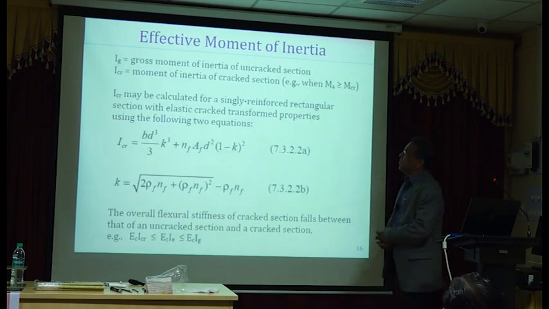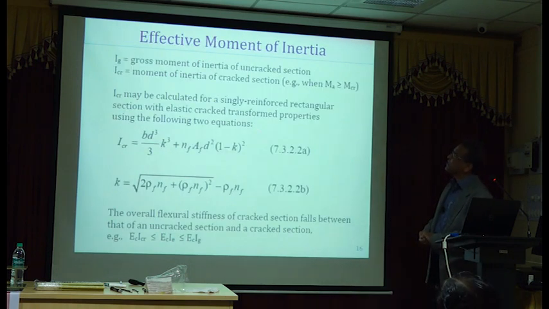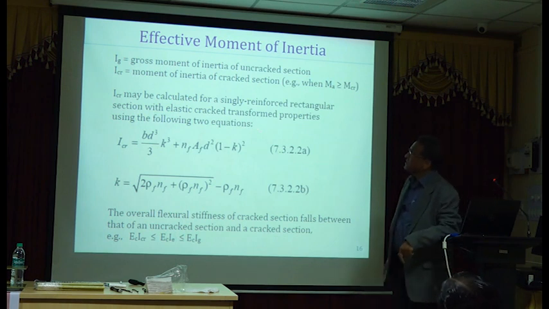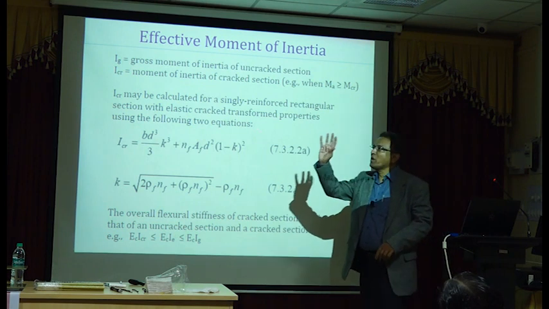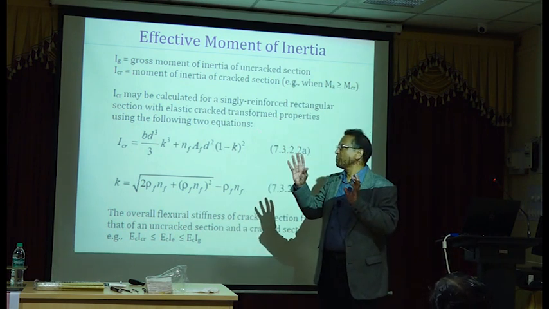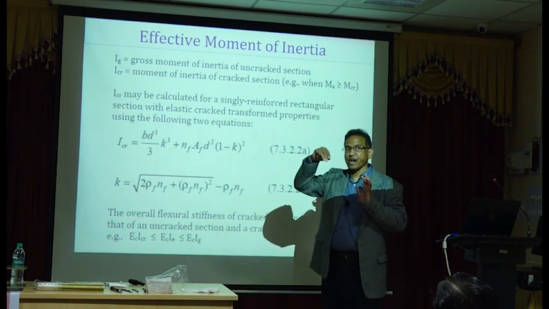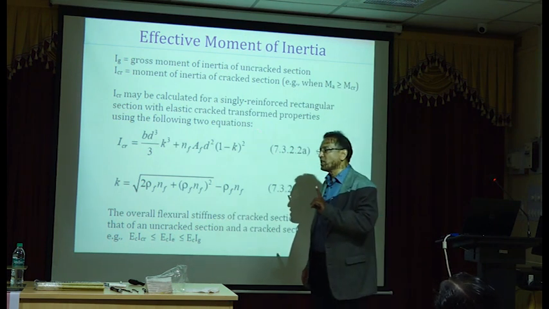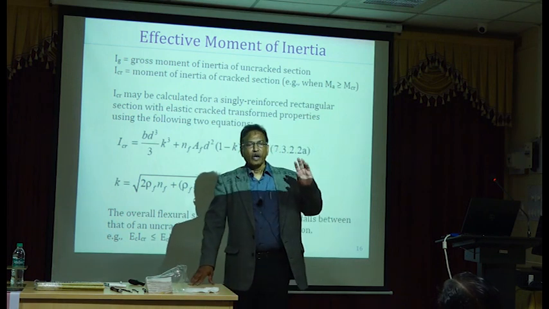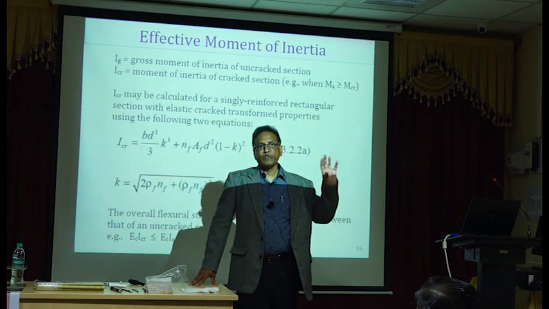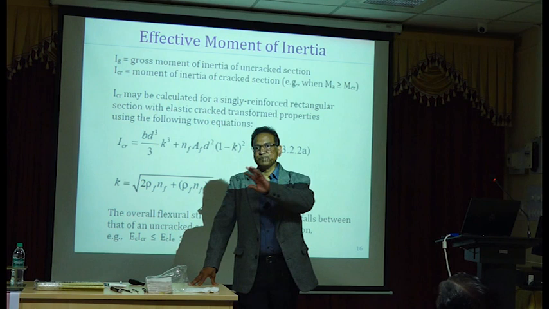So we'll use what's known as the effective moment of inertia in our calculations. So our moment of inertia of the beam would be under service load condition. This is one thing you must remember. Under the strength limit state, we always use factors, right?